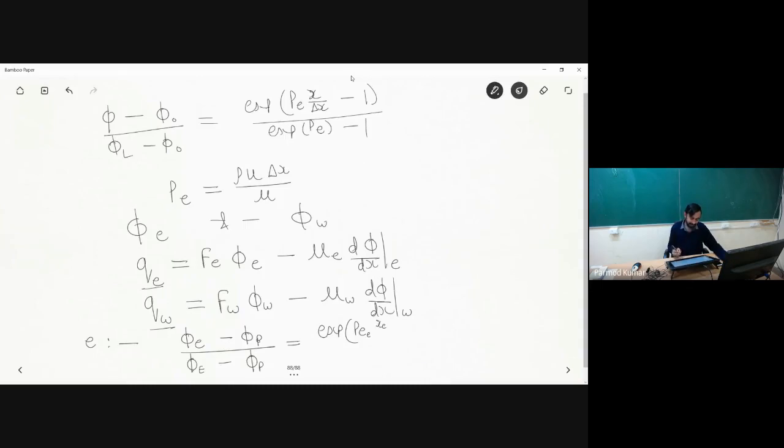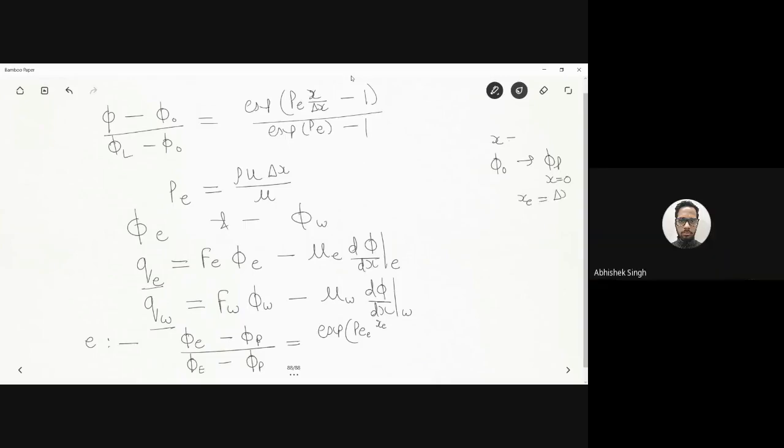What will be the value of x for east phase? So what am I considering phi naught at which point? P point. Okay, so it means I am calculating x equal to 0 with reference to point P. So if my x is 0 for point P, what will be the value of x for east phase? Delta x by 2.